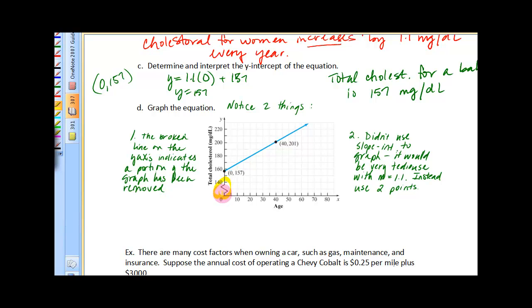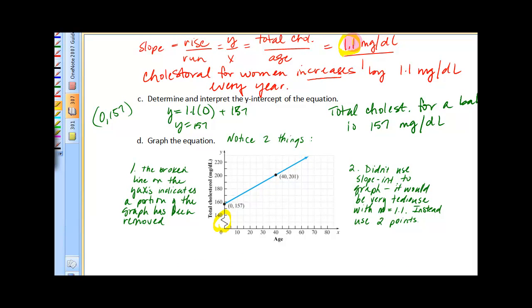So this is a way for us to make our graph look a little prettier without having so much white space. The other thing I want you to notice is, remember what our slope was. Didn't we say our slope was 1.1 milligrams? Now if I started at 0 and wanted to rise over run, count my slope using 1.1, that would be extremely tedious.